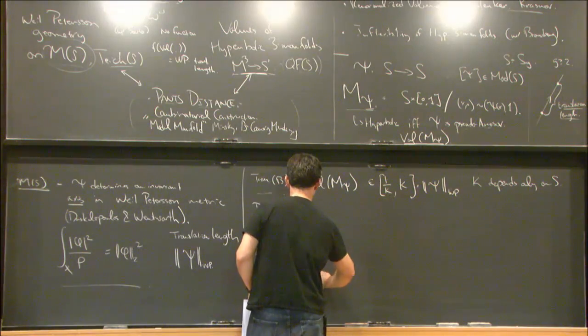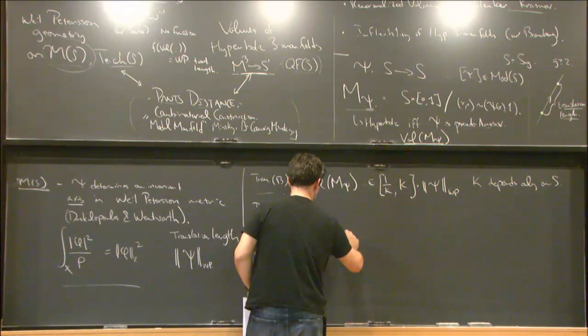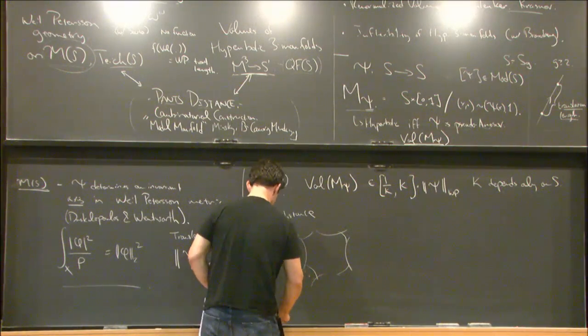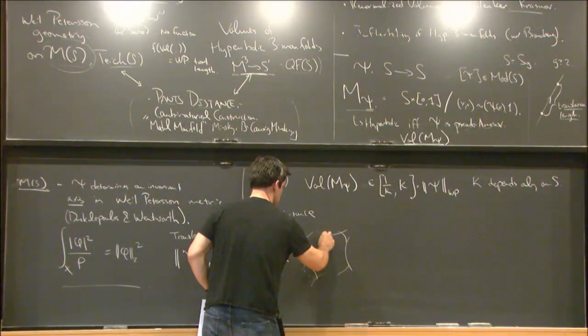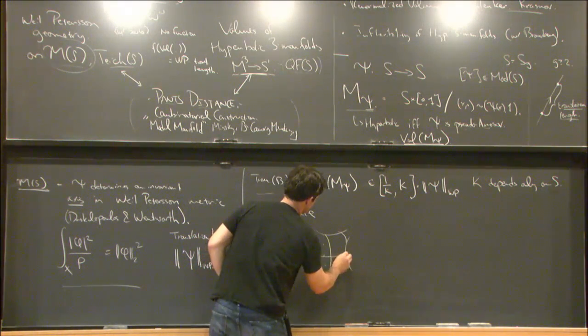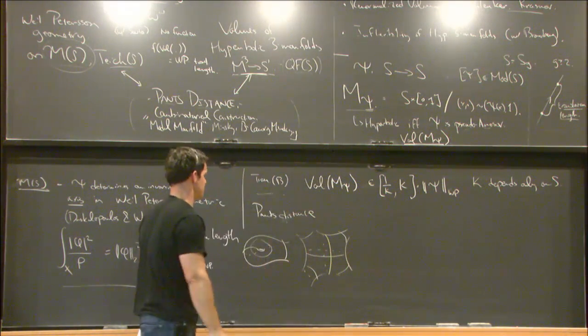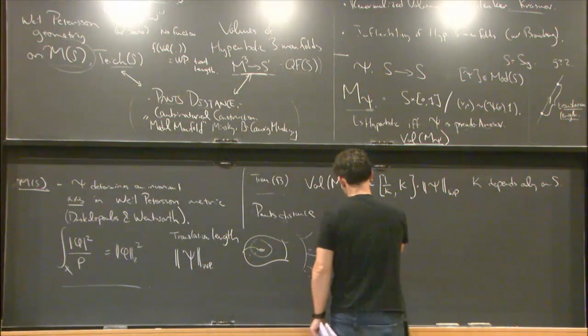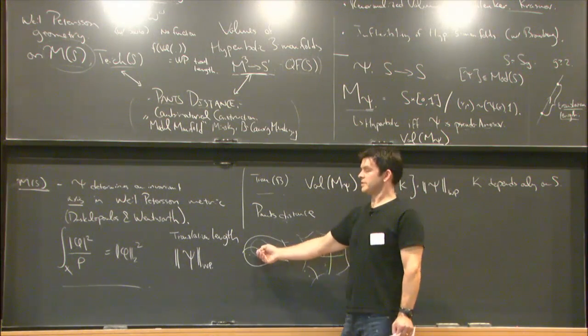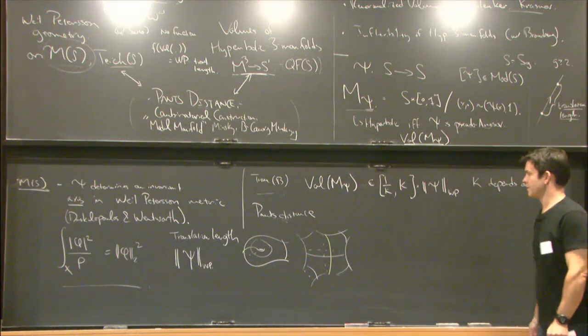Another local picture comes from a four-holed sphere sitting on the surface. In that case, I'm allowed to change my pants decomposition, which contains this green curve, to a curve that intersects it minimally, but in this case twice. But I could choose any of these. So that gives me a Z's worth of possible ways to change one pants decomposition into another.